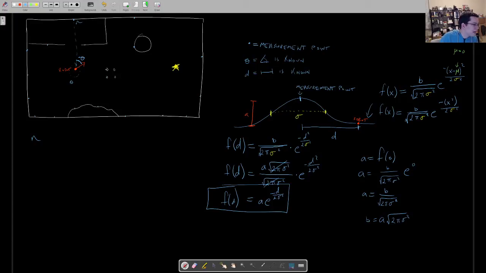So measurement n has an angle, theta, which means its pointing vector is some cosine theta. And now remember, we're thinking in terms of the robot's coordinate system. We don't care about the global coordinate system.